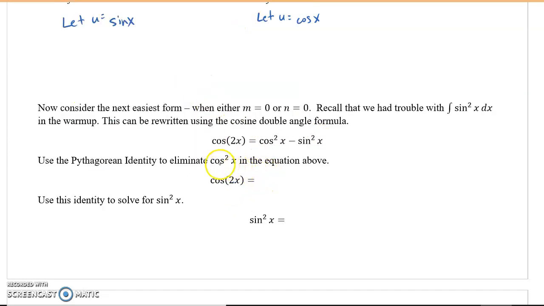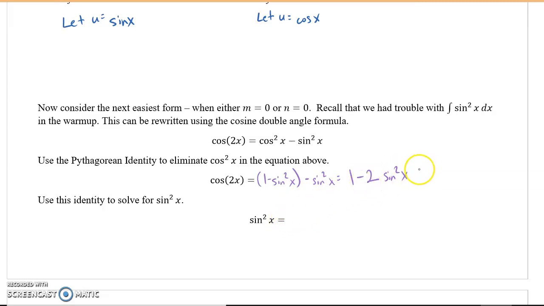For example, if we want to eliminate the cosine, we can replace cosine squared with 1 minus sine squared. So that means that cosine of 2x is the same thing as 1 minus 2 times the sine squared of x. And that's another identity that we learned last year in pre-cal.